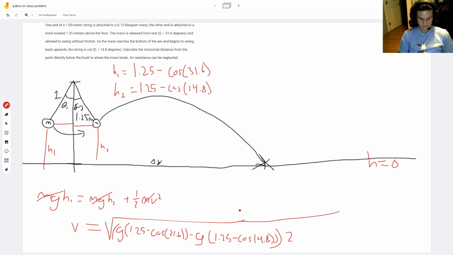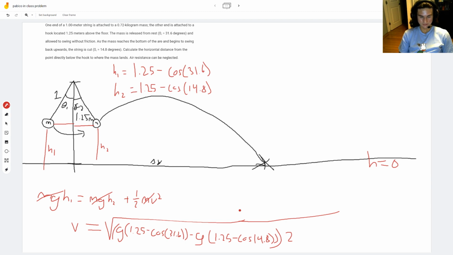Just a normal graphing calculator. Minus cosine of 31.6, and then minus... okay, hold on.